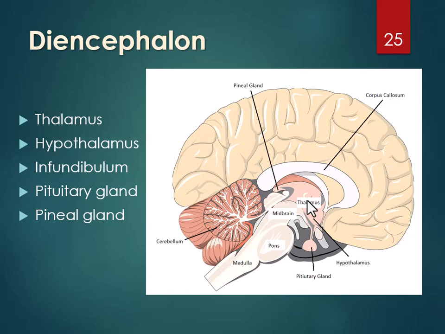There's little reward centers in the hypothalamus when you eat, drink, or have sex because you're living or reproducing. It controls everything released from the pituitary gland, which you can see labeled there hanging down. The connection between the hypothalamus and the pituitary gland, that little stalk right there, that's the infundibulum. So the infundibulum connects the hypothalamus to the pituitary gland.